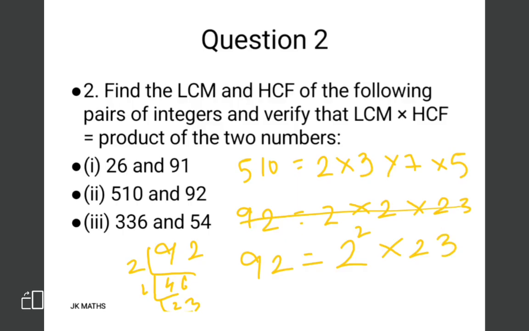Okay, now let's find LCM and HCF. First we can see HCF. For both 510 and 92, whose prime factorizations we have taken, which is the common number in both the prime factorizations? So 2 is there only. In 510 we have only one 2, and here we have 2 square, so only one 2 is common, so let's circle it. So HCF will be 2.